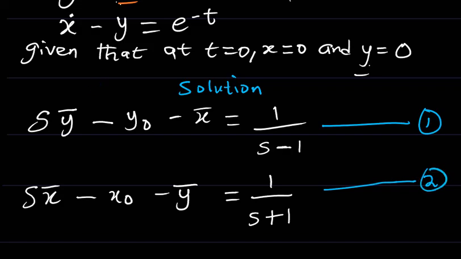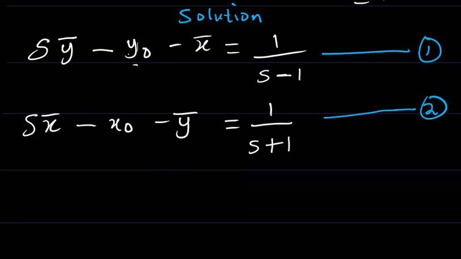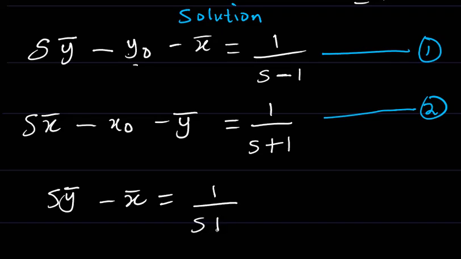Inserting the initial values at t equal to 0, x is equal to 0. That simply means that x0 is equal to 0 and y0 is equal to 0. So these two are zeros. So I only have to write s y bar minus x bar is equal to 1 all over s minus 1.